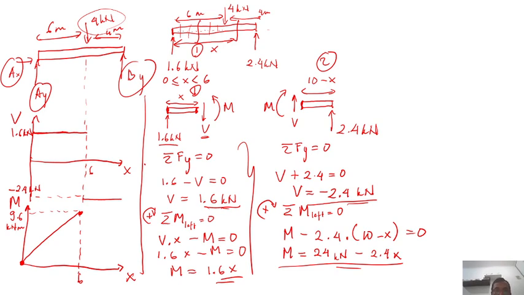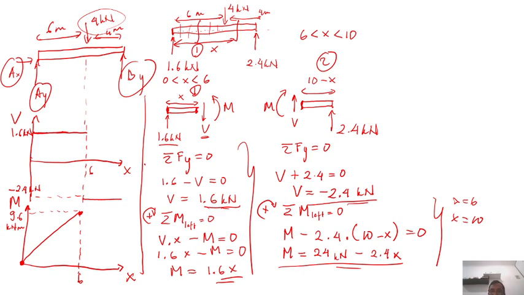The second equation, on the other hand, will work for x equal to 6 until 10. That's why now we have to check the value of m here, because we know that this is a linear equation. The value of m at x equal to 6 and x equal to 10.